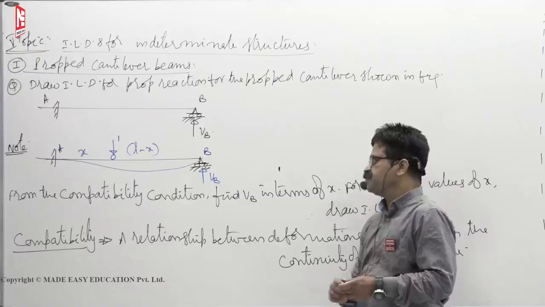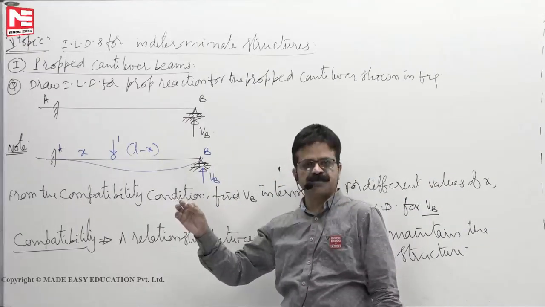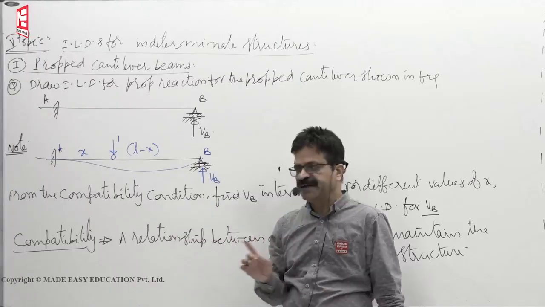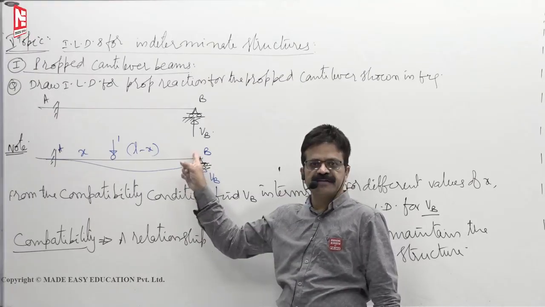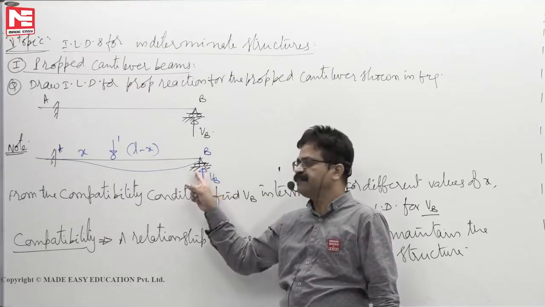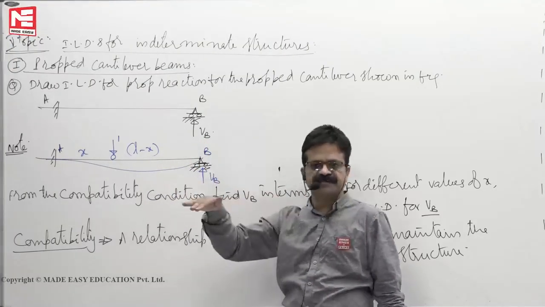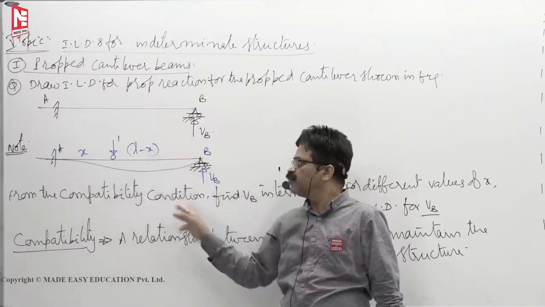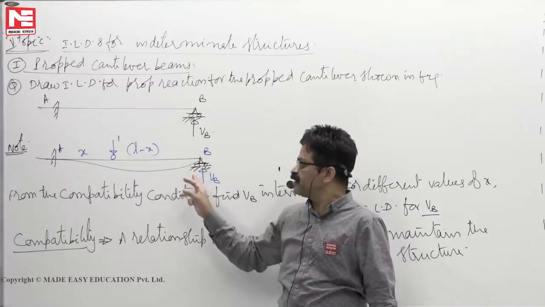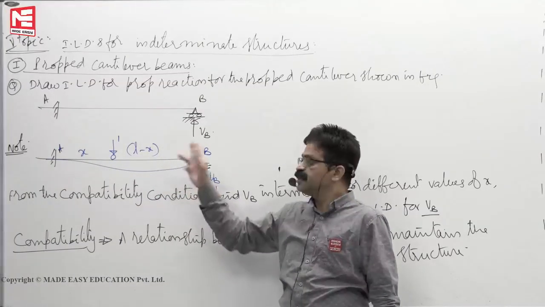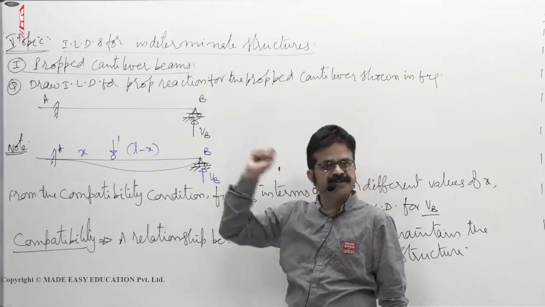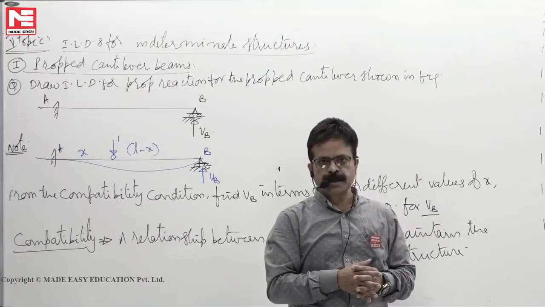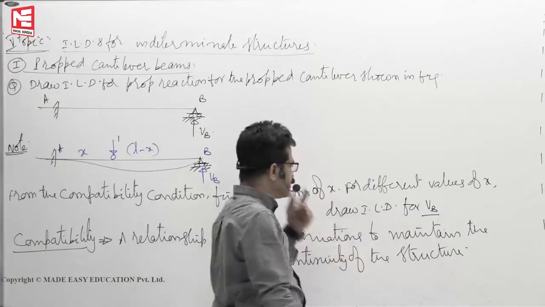Maintaining continuity of the structure means as long as the beam is resting on the support, it's not slipping and falling down. As long as that is not happening, net deflection at B, the deflection in the beam and the deflection in the support, they have to be at the same level. So net deflection at B must be 0. Downward deflection due to unit load and upward deflection in the beam due to VB must be equal so that net deflection will be 0. So net deflection is 0 is a relationship between the deformations. That is called the compatibility condition.